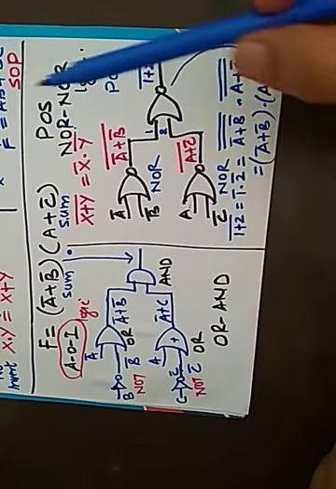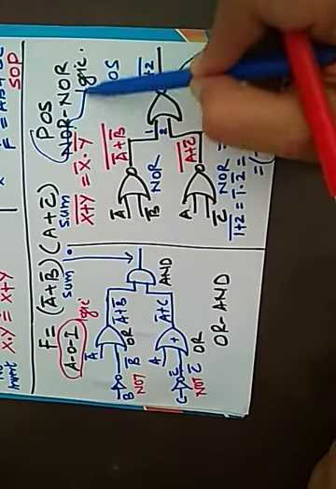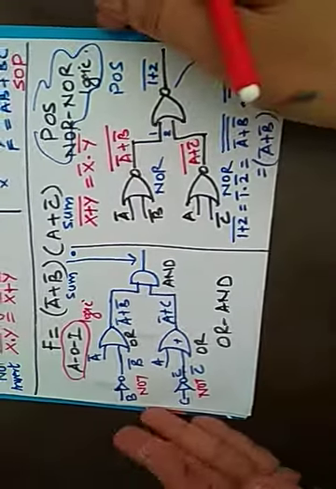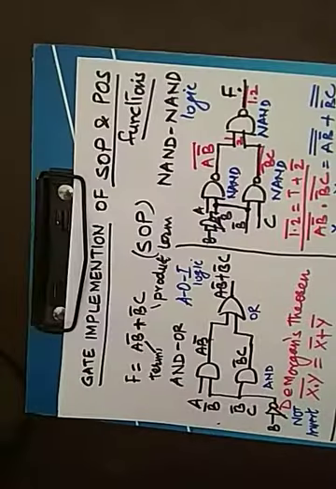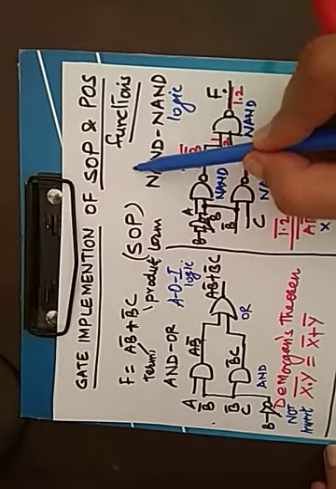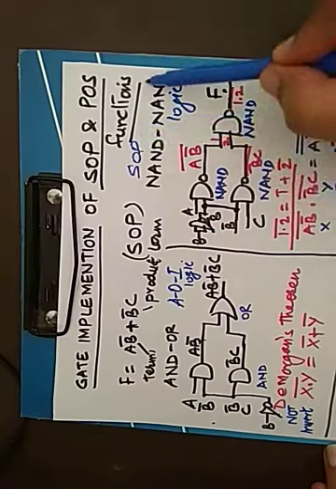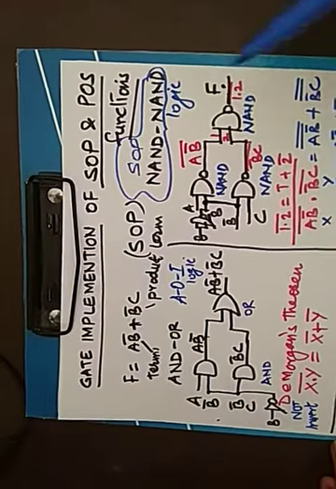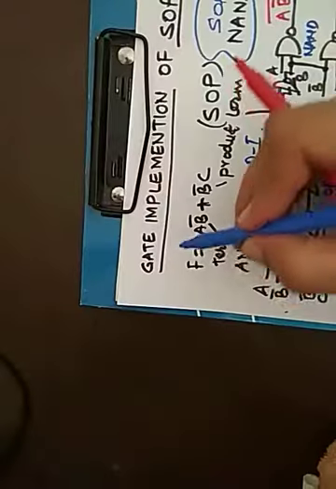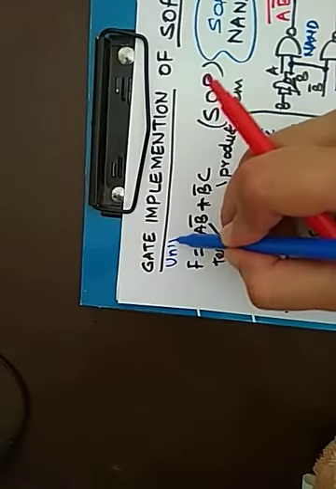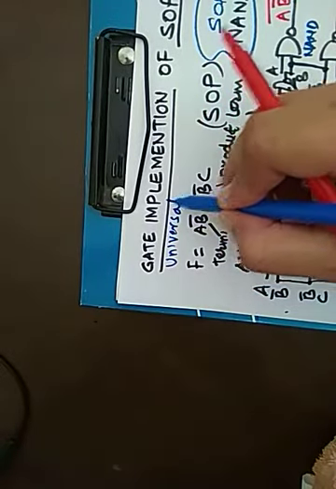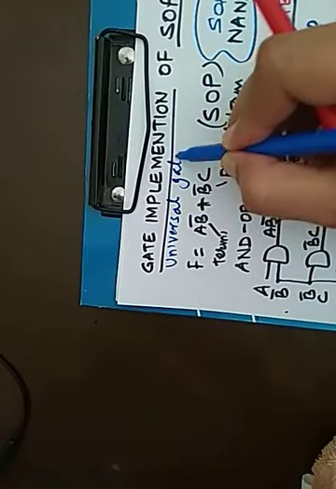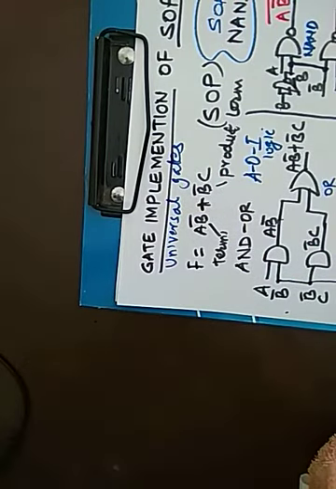The thumb rule is: a POS function by NOR logic, and any given SOP function implemented by only the NAND logic. Both these are the universal gates. Thank you.